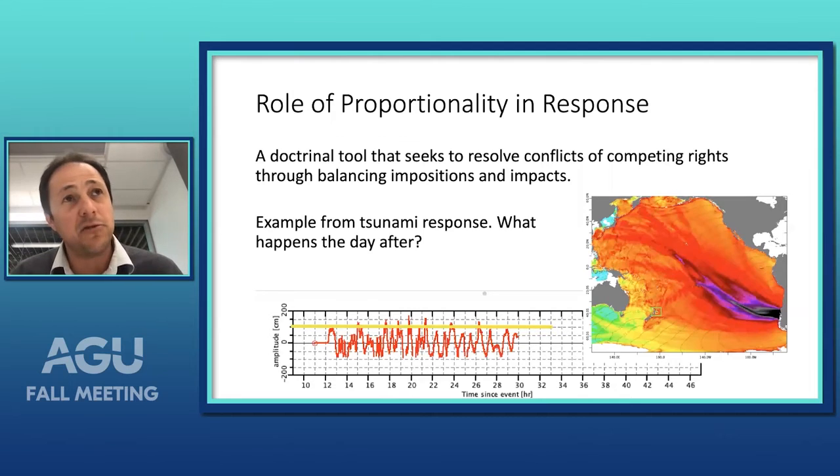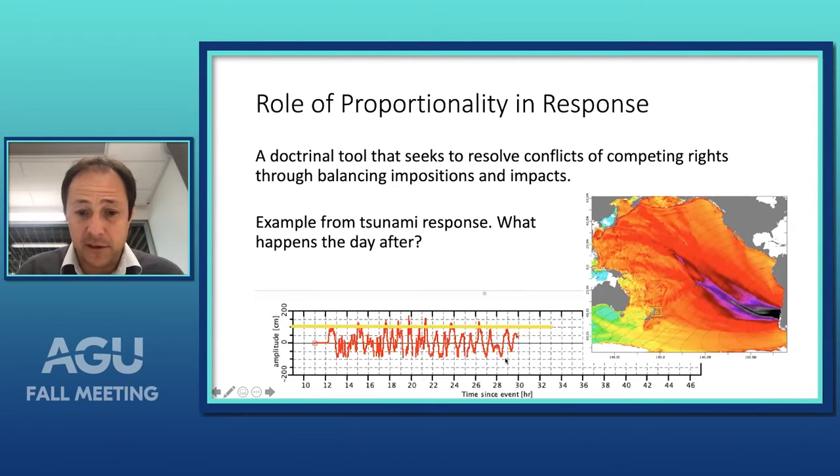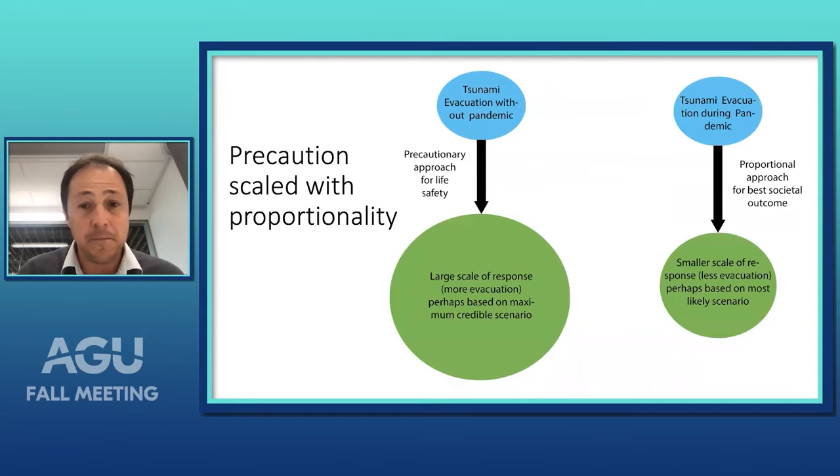But a proportional response might say, well, these people need to somehow return to their houses, to their coastal communities. And it makes a difference if they return at the 30-hour period or if they return at the 48-hour period. So where should we make that decision and allow people, as response managers, to return to those communities? So this is what that looks like. And conceptually, this is just a cartoon I'm trying to show you.